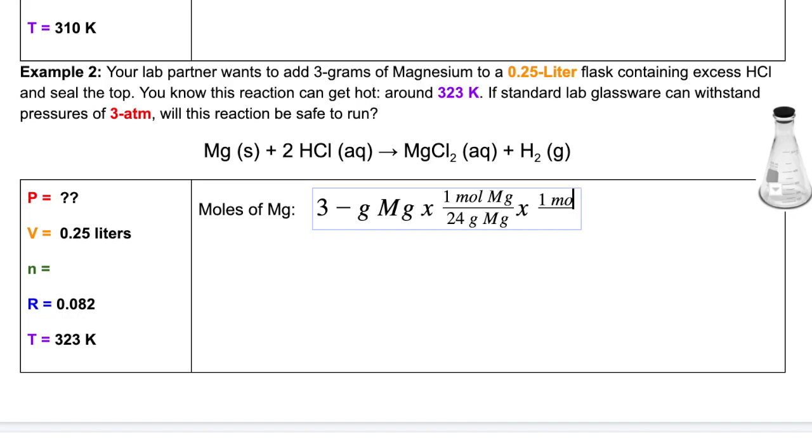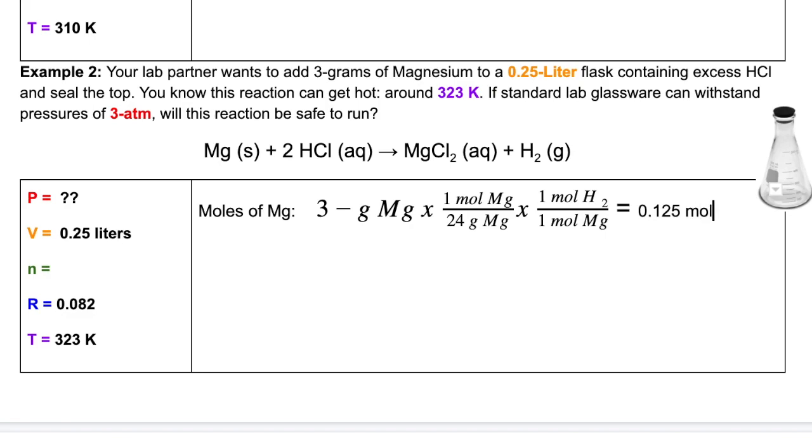It's a 1-to-1 ratio, so 1 mole of magnesium will produce 1 mole of hydrogen gas. And you can see that our units cancel out. And when we do the calculation, 3 grams times 1 mole divided by 24 grams, we get 0.125 moles of hydrogen gas. This number can now be used in our PV equals nRT equation.